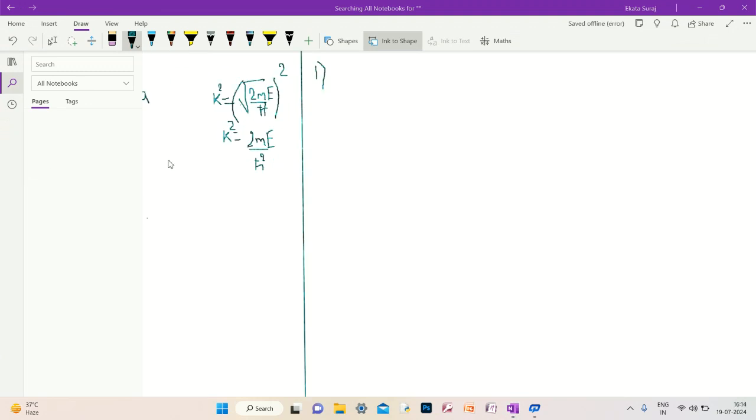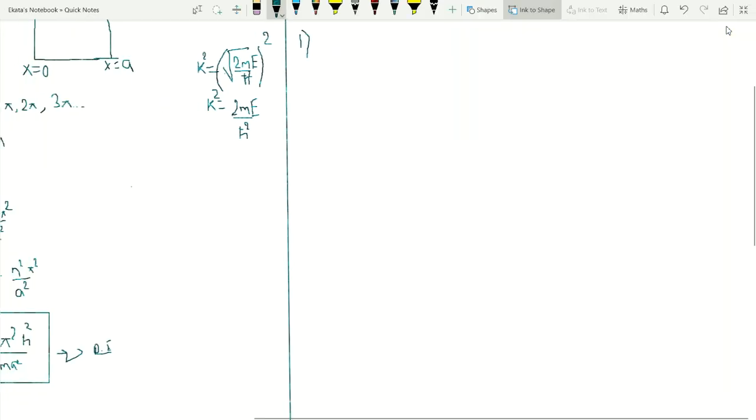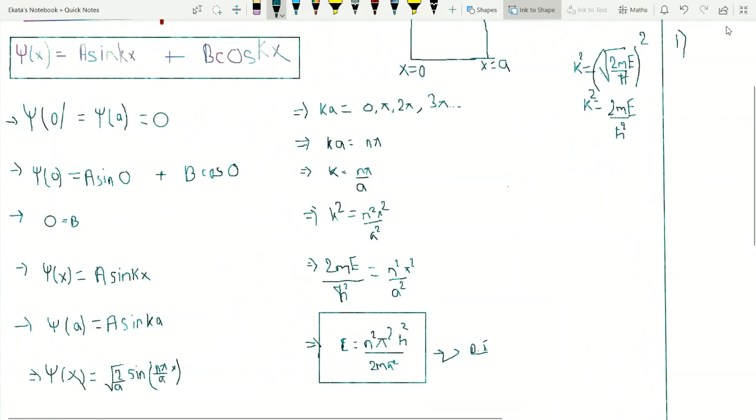Before discussing the properties of the infinite square well, I have a quick recap of some properties of the time independent Schrodinger wave equation, that it yields an infinite set of solutions. How? Let's see the equation that you derived: psi n x is equal to root 2 by a sine n pi x upon a.